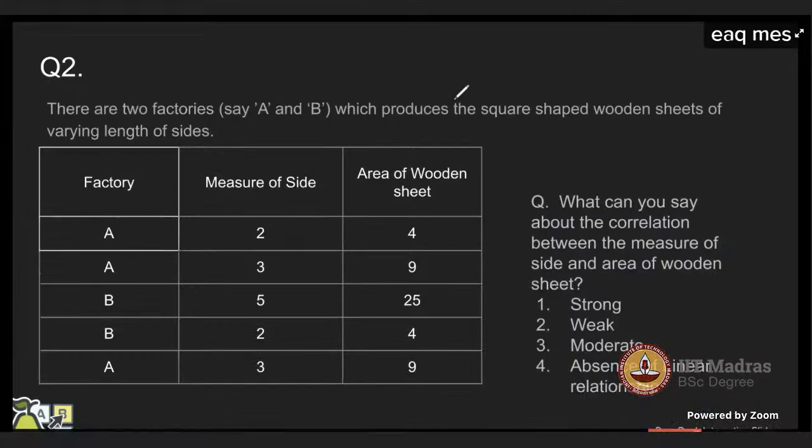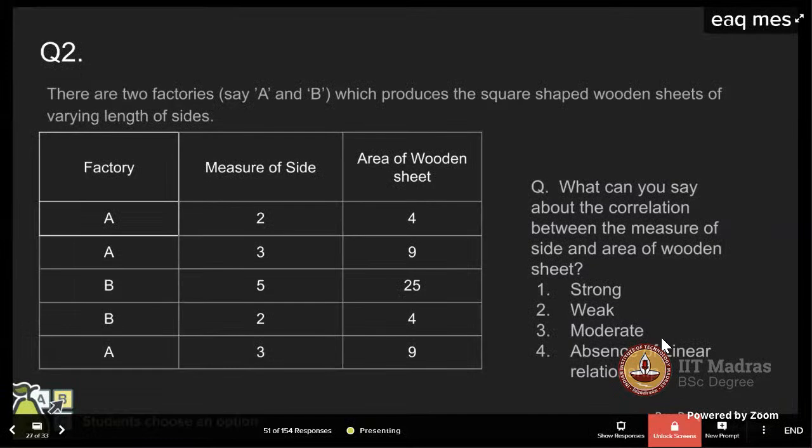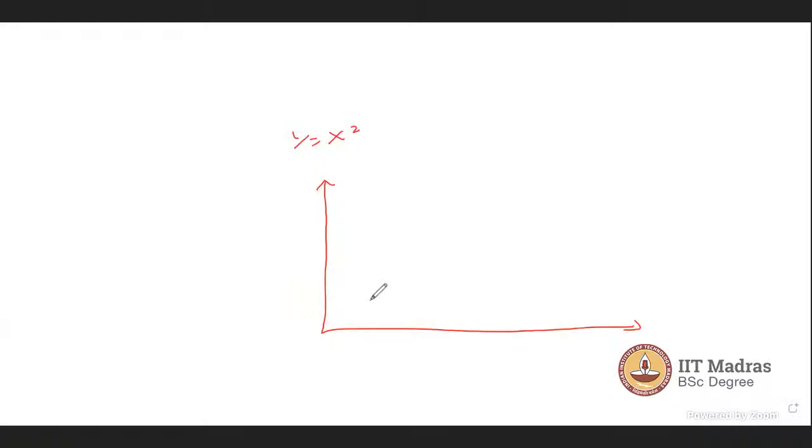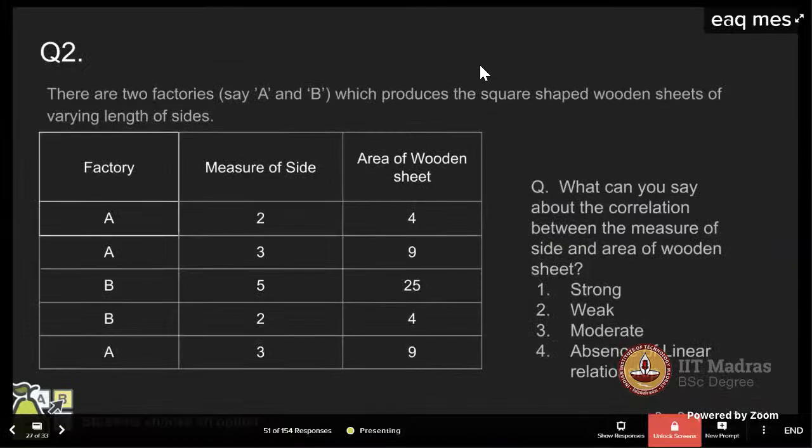Anyone know the graph of y equals x square? Everybody knows, we are learning maths from that. Parabola, sir. Okay, here the values are 2, 3, and 5, right? We can do it in Excel, I think it's better over there. It's 2, 3, 5.